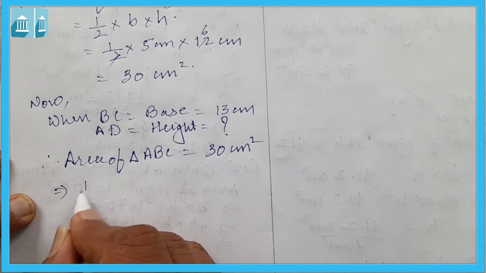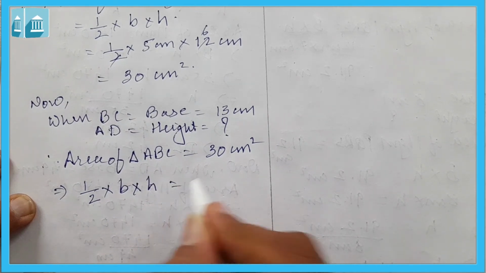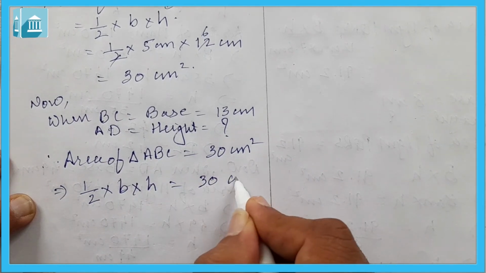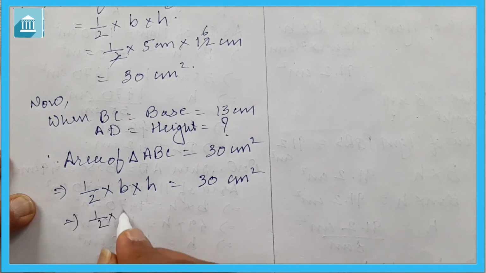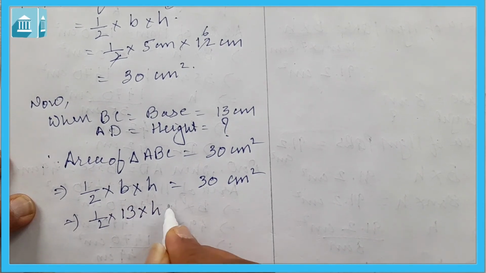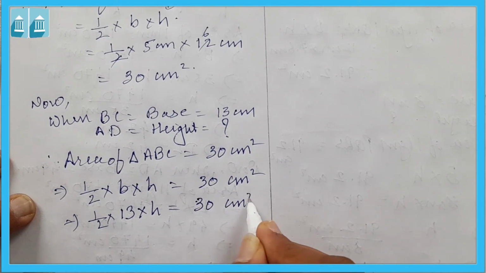So half into base into height is equal to 30 centimeter square. This will be half into 13 into h is equal to 30 centimeter square.